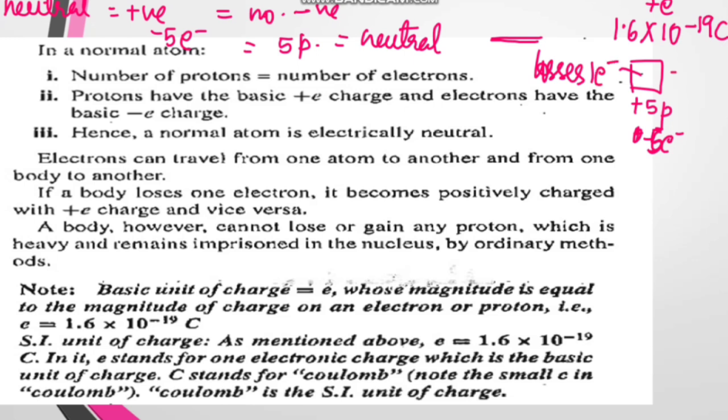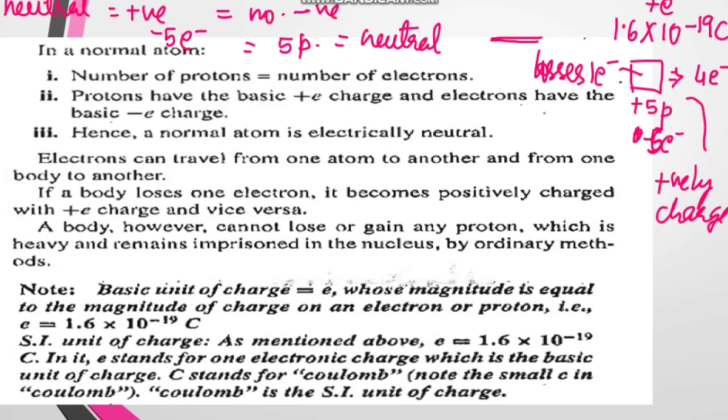Then how many electrons is this body left with? Only 4 electrons, right? When it is left with 4 electrons and 5 protons, in the final condition I will say the body has now become a positively charged body. Means after losing an electron, the body becomes positively charged.